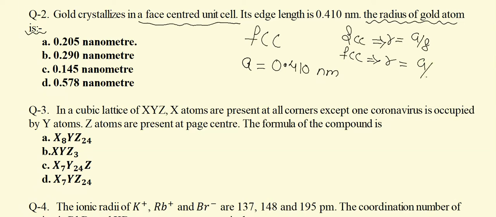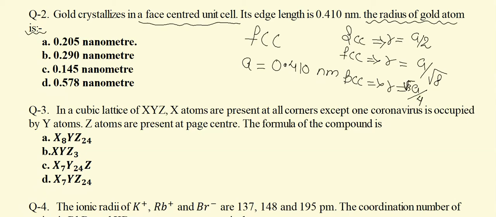For FCC it is a by root 8, and for BCC, body centered, it is r equals root 3 a upon 4. Okay, so these are the formulas for the radius.